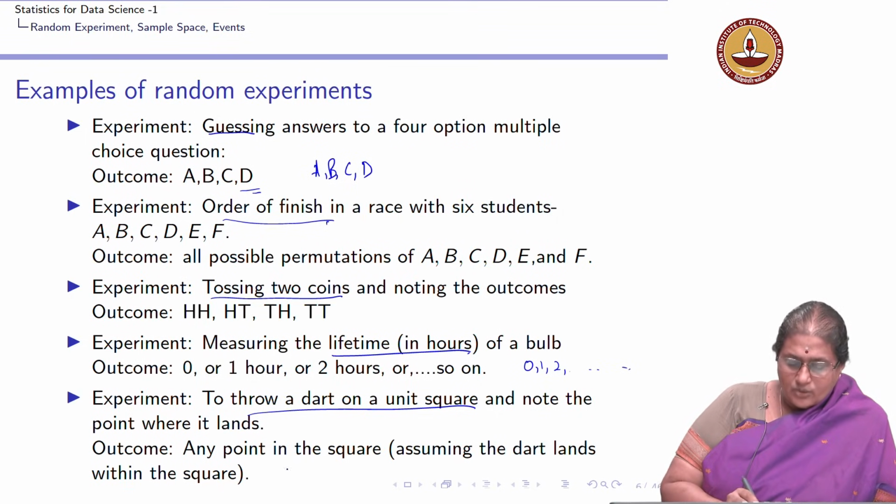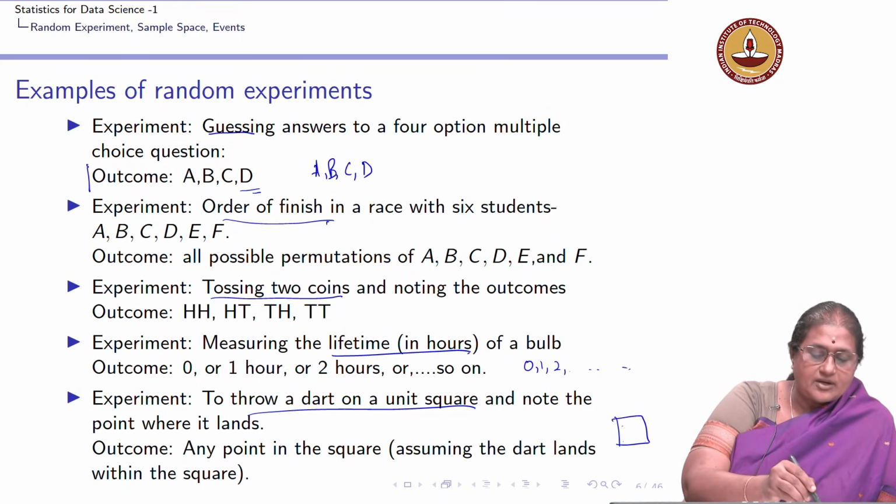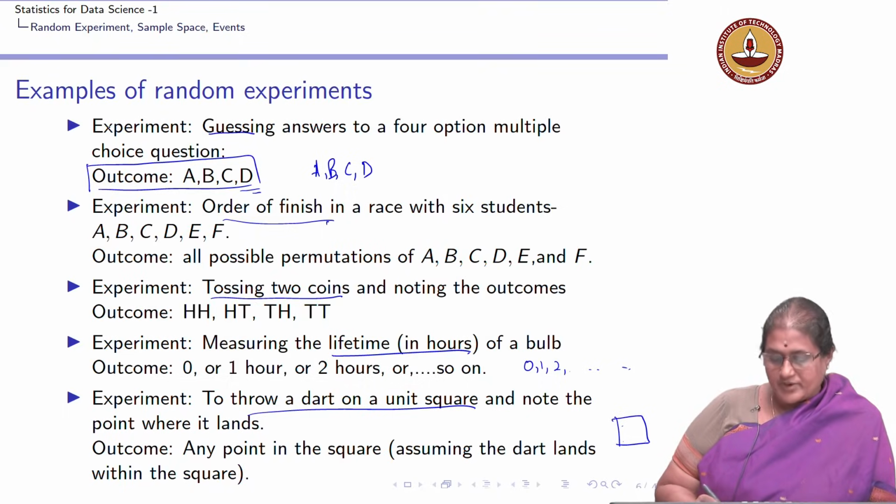Now, when I look at this point in the square, I am recording it as a coordinate. Again there are many points in this square. So, immediately you see that I need to have a way to represent all the outcomes of this random experiment.